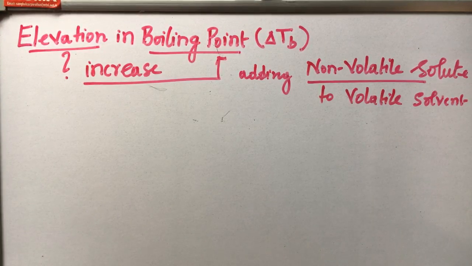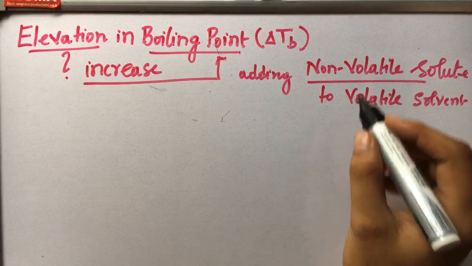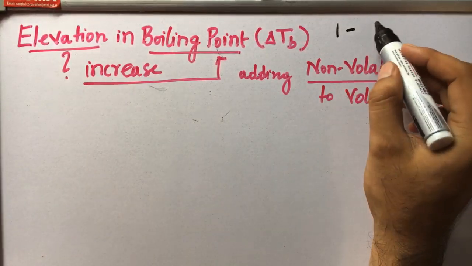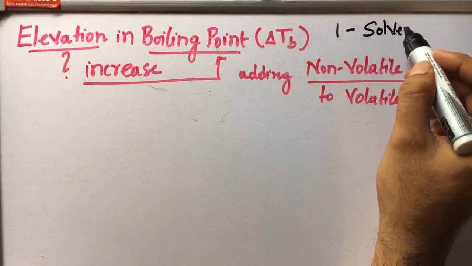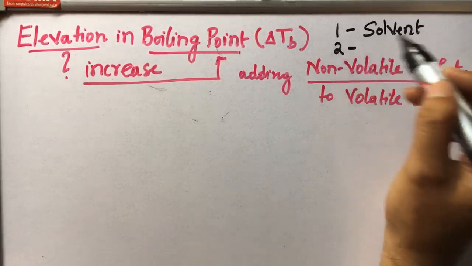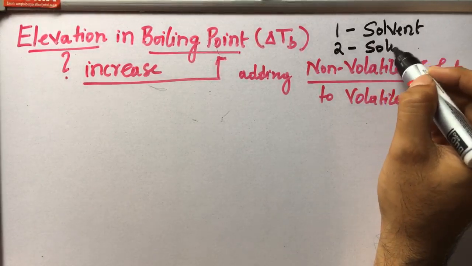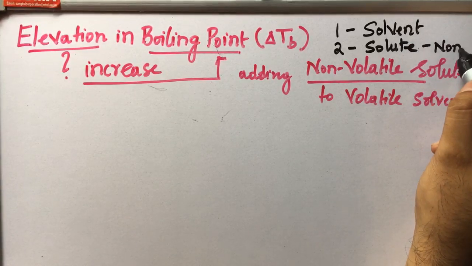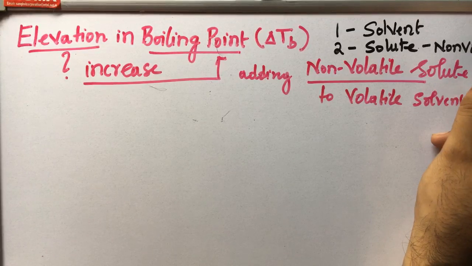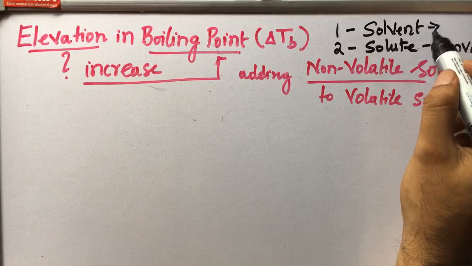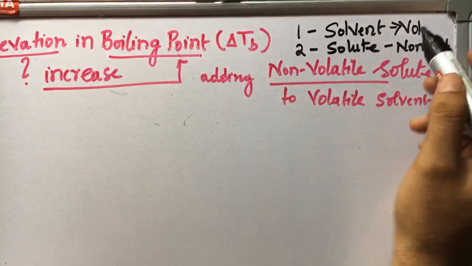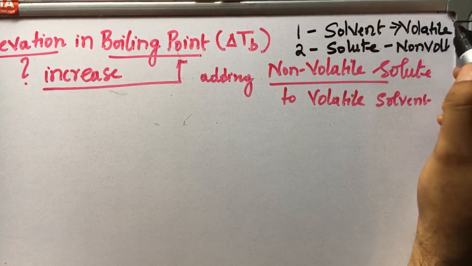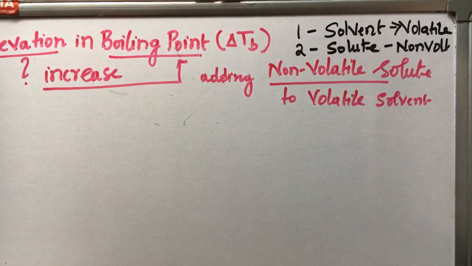If you know the concept, then studying this part will be very easy. Now let us consider, as I said, 1 always stands for solvent, which is volatile, and 2 always stands for solute, which is non-volatile. These are the 2 points that you need to remember.